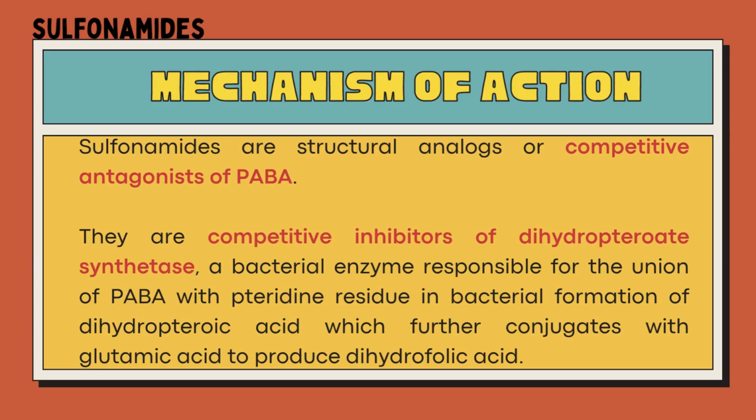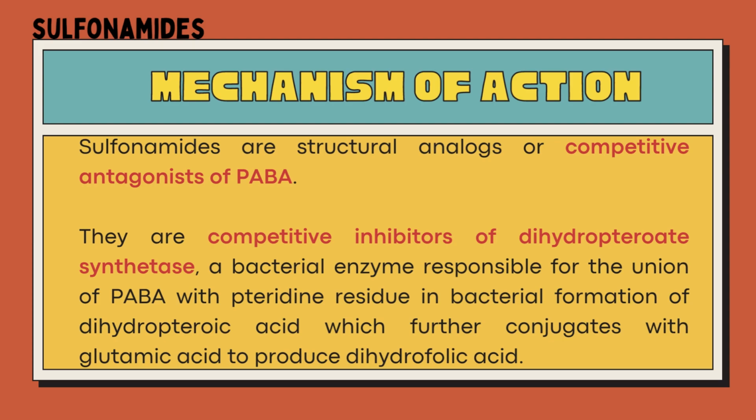What is the mechanism of action of sulfonamides? Many bacteria synthesize their own folic acid, of which para-aminobenzoic acid, or PABA, is an essential constituent. Sulfonamides are structural analogs or competitive antagonists of PABA.